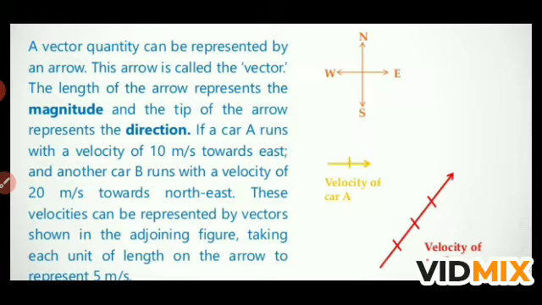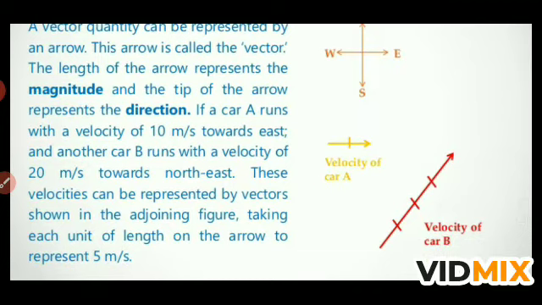If you see the yellow color arrow, it is showing the velocity of car A. So if car A runs with a velocity of 10 meter per second towards east and car B runs with a velocity of 20 meter per second towards northeast. If you see the red color arrow, it is showing the velocity of car B, and the magnitude is 20 meter per second and the direction is northeast.